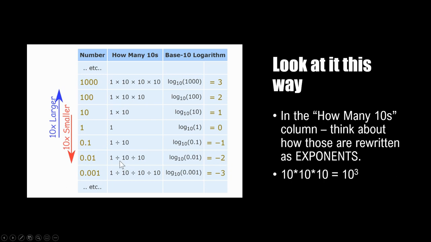Well, this is 1 over 10 squared, or 10 to the negative 2. That's right here. So that's why the answer is negative 2. Well, if this is 1 over 10 to the third, or 10 to the negative 3, my answer is negative 3. Some of you might need to just stare at that for a little bit and let that absorb.